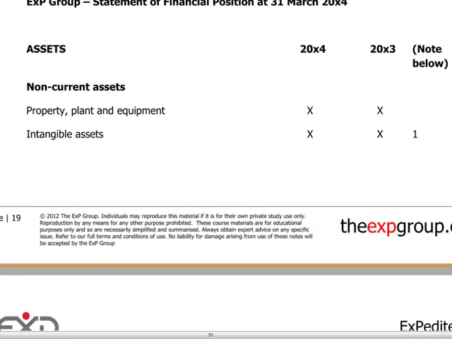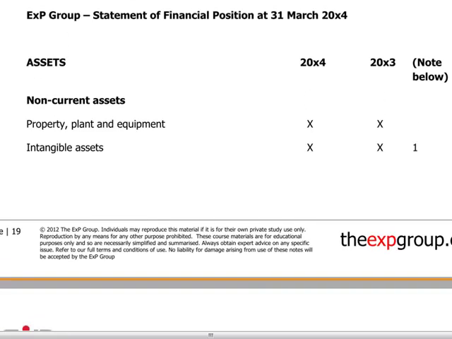In terms of how the statement of financial position is comprised, this is a fair example of how a statement of financial position will look like. This one is presented in a group scenario, but it pretty much follows the same logic for individual company accounts.